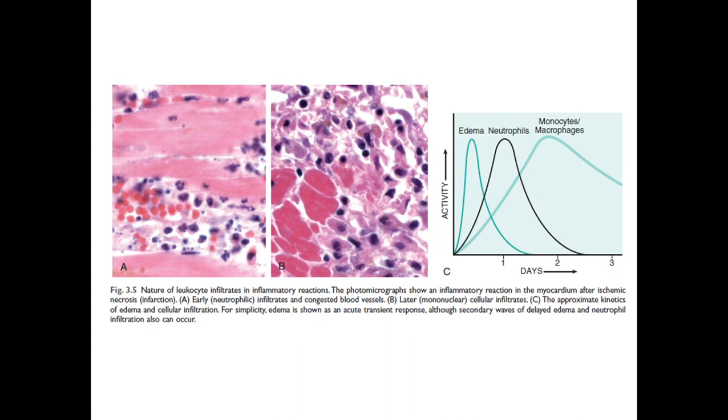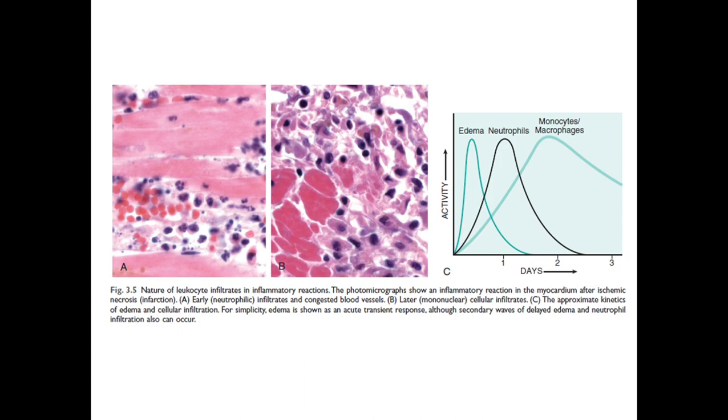C represents the approximate kinetics of the edema and cellular infiltration. This is the x-axis representing the days, day 1, day 2, day 3, while the y-axis represents the activity of the cells and the events of the inflammation.